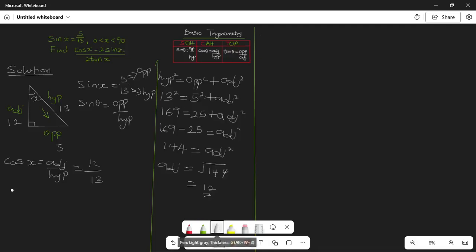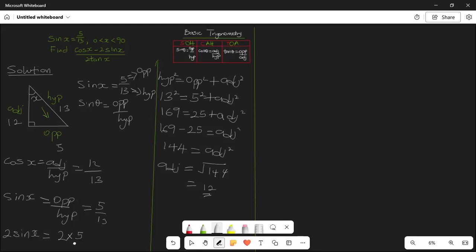Sine theta is opposite over hypotenuse, so opposite is 5, while hypotenuse is 13. That gives us 5 over 13. So 2 sine x will be 2 times 5 over 13, and that gives us 10 over 13.